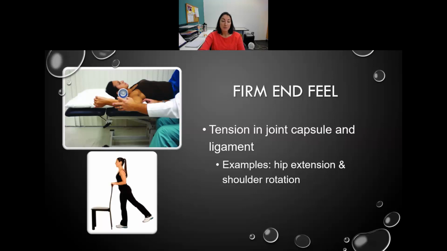So a firm infill would be a tight capsule or ligaments, and that's when we would do some joint mobilizations to try and stretch. Typically the capsule is what we're targeting, in order to allow the more normalized movement in the joint. That would be with a firm infill.